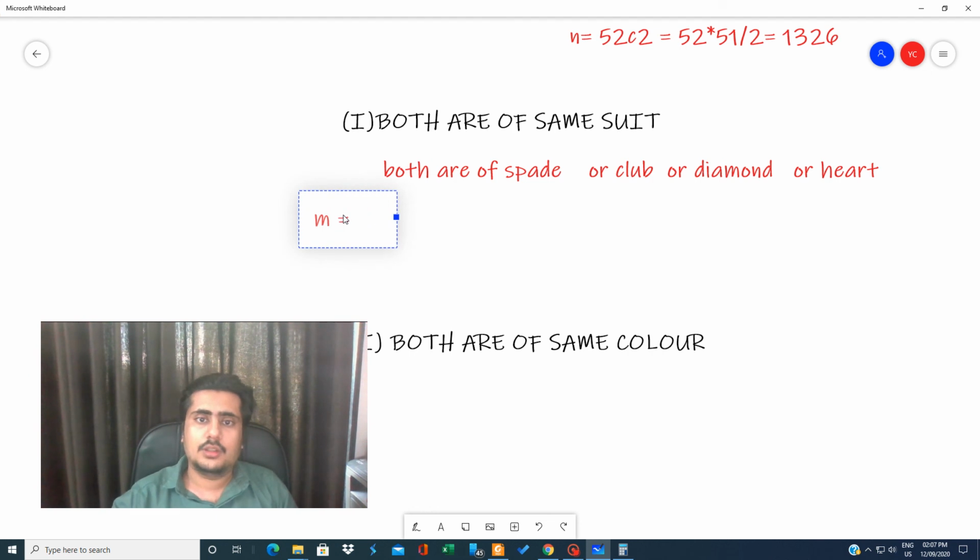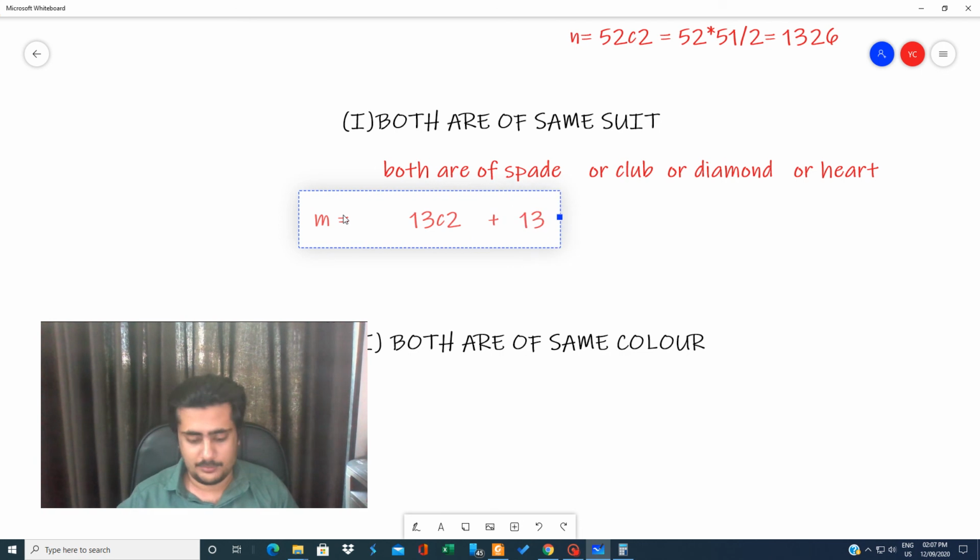Spade means they should be from these 13 cards. Total 13 spades are there. So 13C2, or, as I told you, or means addition, club 13C2 or diamond 13C2 or heart 13C2.